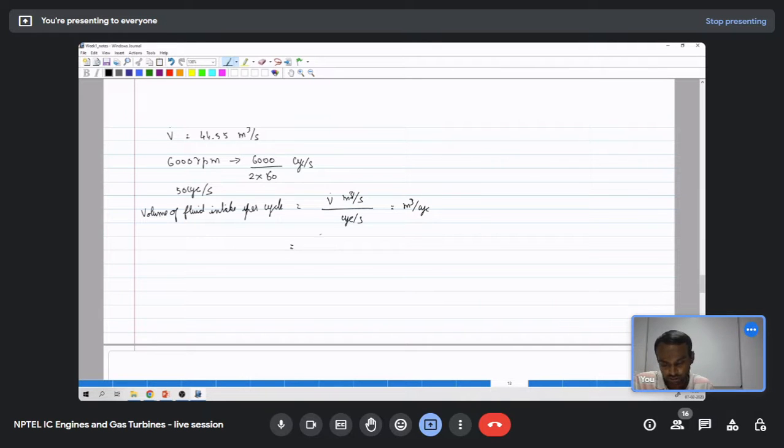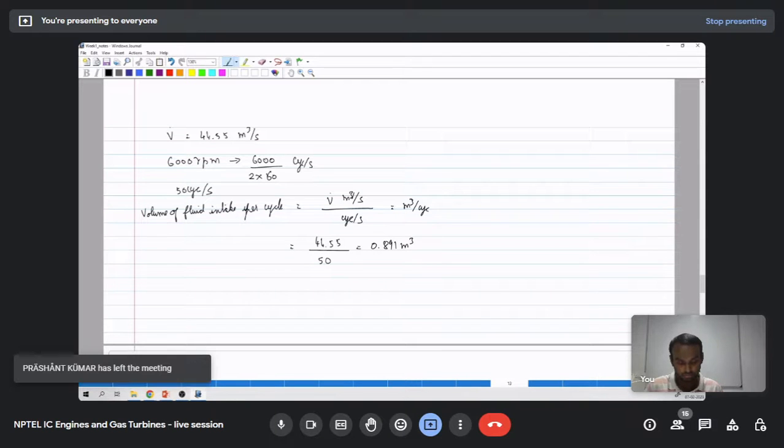So that is 44.55 into 10 power minus 3 divided by 50, which is 0.891 into 10 power minus 3.